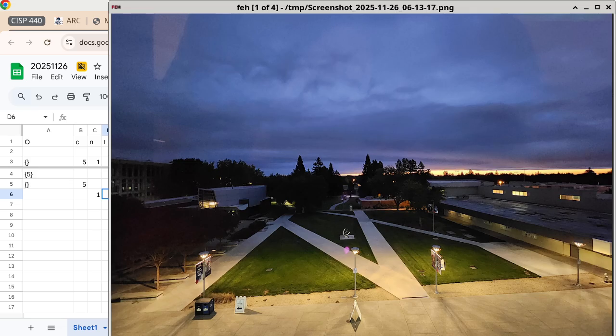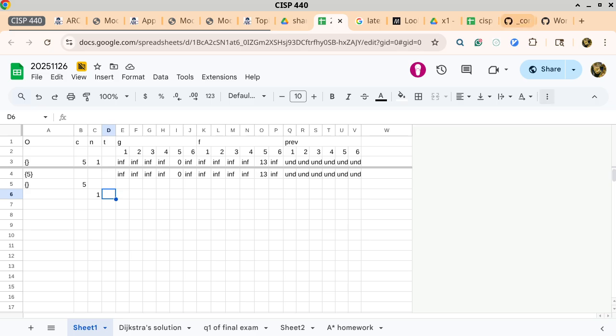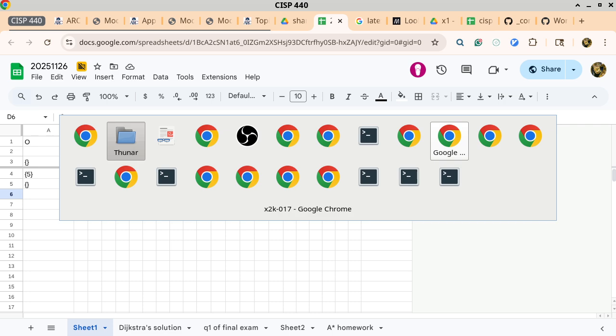Oops, nice picture. It's actually a picture from my office, but then I lose the other one because it's using the same instance. So we have to bring it back.